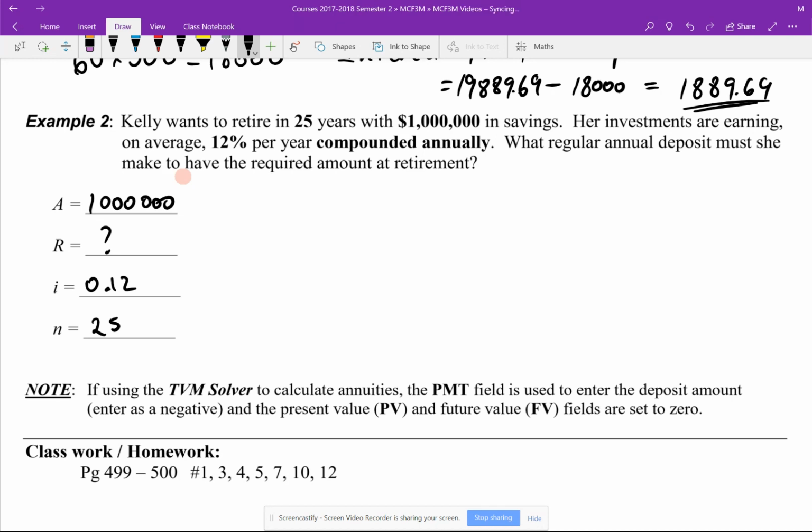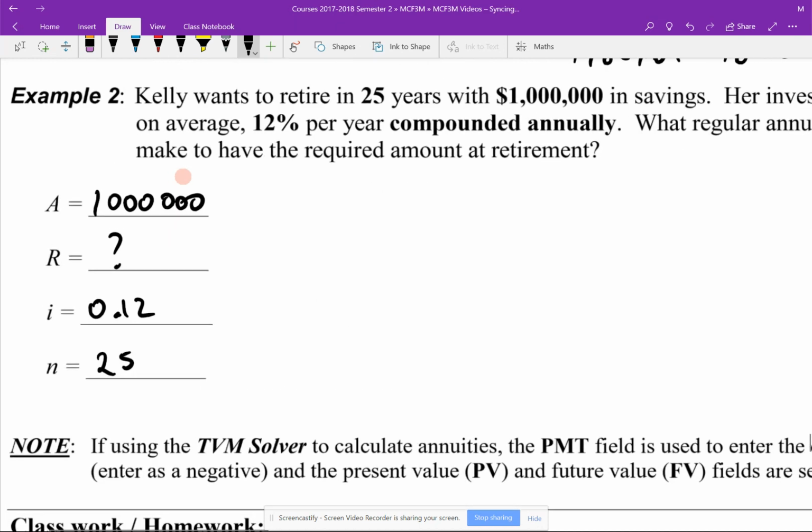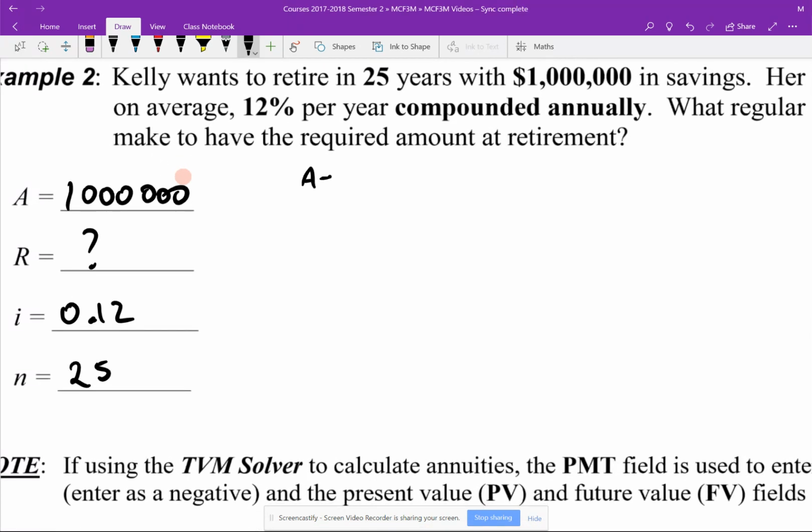So if I start with the formula, let's write the formula out. A equals R times [(1 plus i)^n minus 1], divided by i.